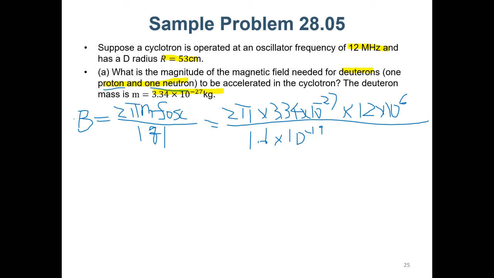So this one is without neutron charge, so we only have q equal to e. So B is 1.57 Tesla, which is not really huge. But maybe it's quite big.